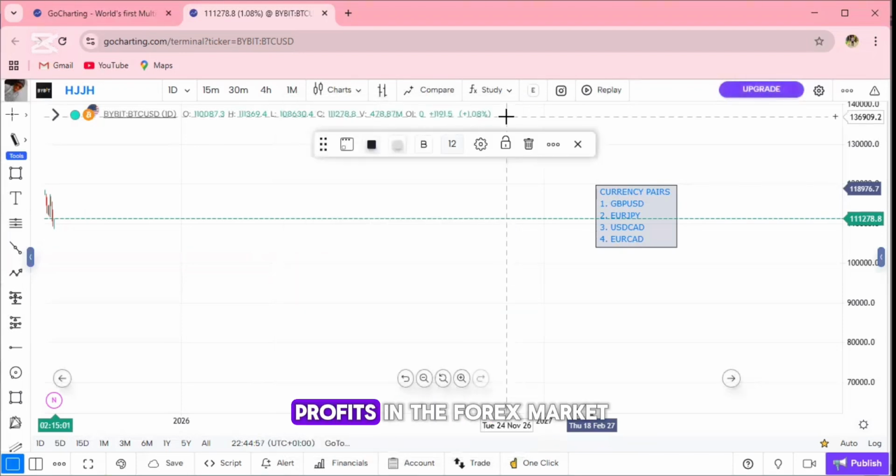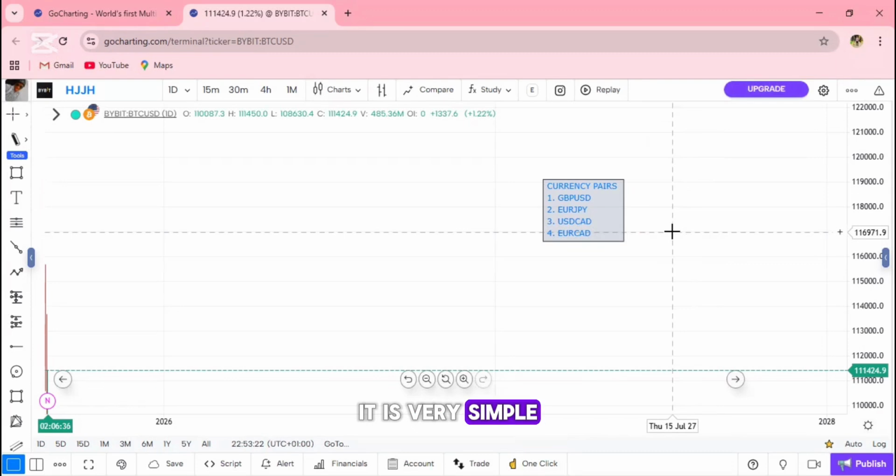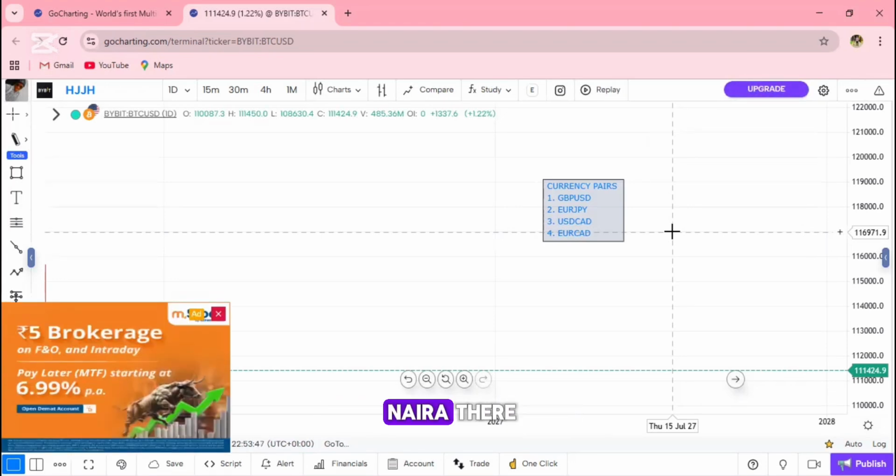How do you make profits in the Forex market? It is very simple. Let me break it down so we all know. Whenever you go to a country and you have naira with you, let's say for example, you go to the United States of America or the United Kingdom, you cannot spend your naira there.